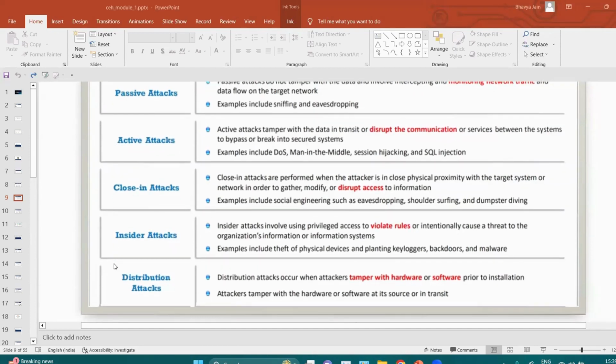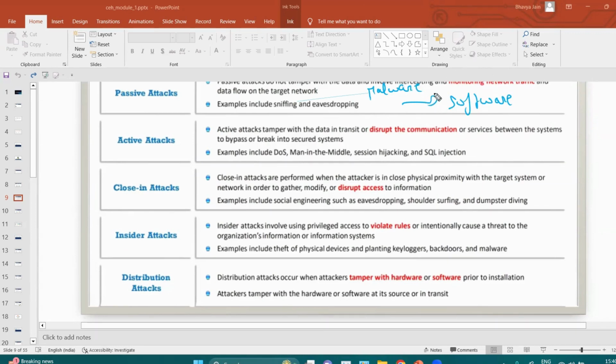Then distribution attacks. A distribution attack is when you tamper with the hardware or software while it is being launched. For example, your company is launching some software or hardware, and before launching, you put malware inside that software.